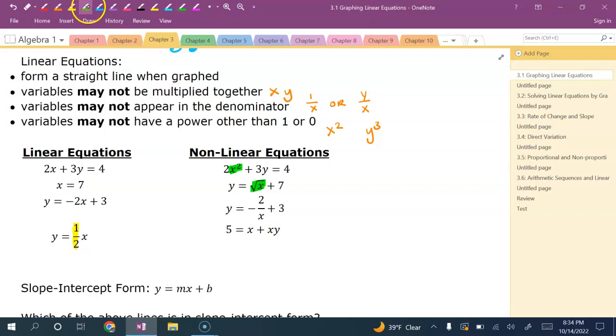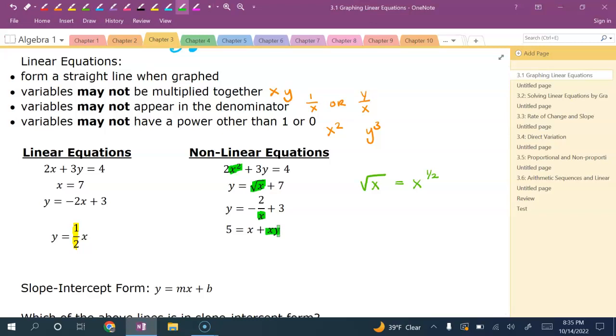If you have something like x underneath the square root, that is actually the same thing as x raised to the 1/2 power. And again, that's a power that's not 1 or 0. So I'm not able to have that be considered linear anymore. For the third example, x is in the denominator. That's causing the problem. And for the last one, there's an x times a y, and so you're not able to have that either. So those are all examples of equations that would be considered nonlinear.